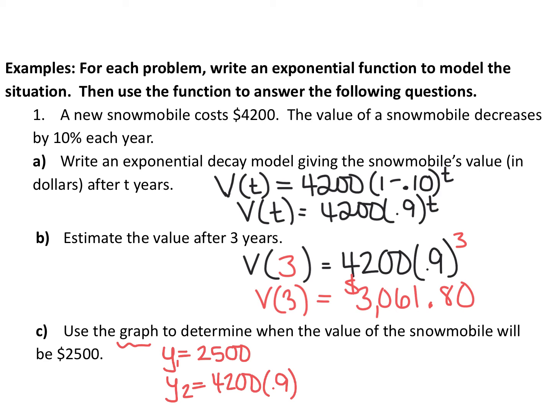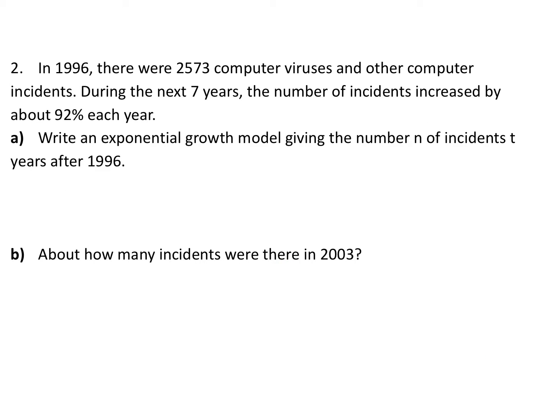In the graphing calculator, you would have to use x. We're going to find where these two things intersect. When I find where they intersect on the graphing calculator, I get approximately 4.89 years.